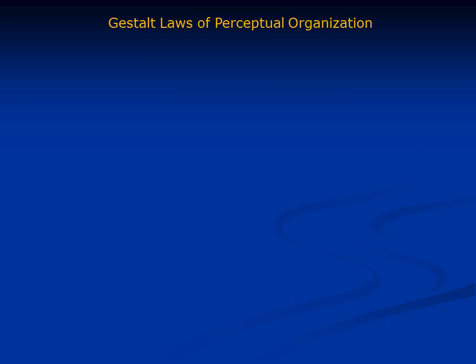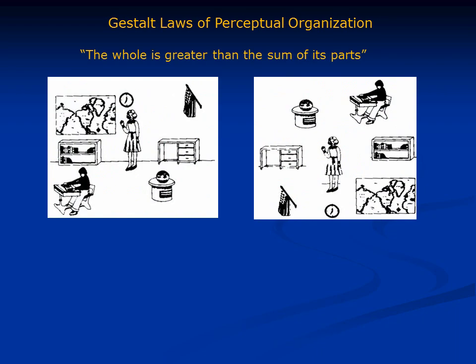All right, getting into object perception a little bit more in depth here from a historical standpoint. The Gestalt school, of course, is famous for the saying, "The whole is greater than the sum of its parts," and that simply refers to the meaning of a situation.